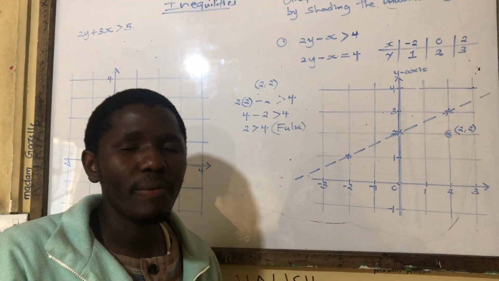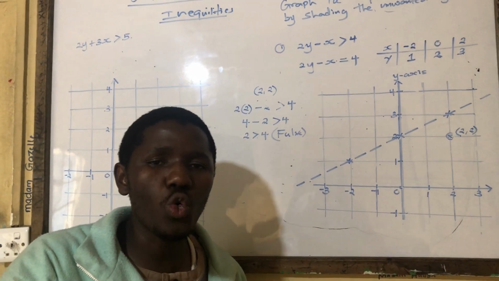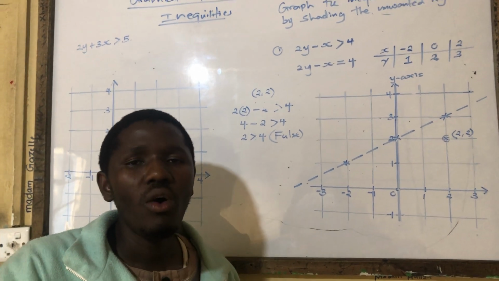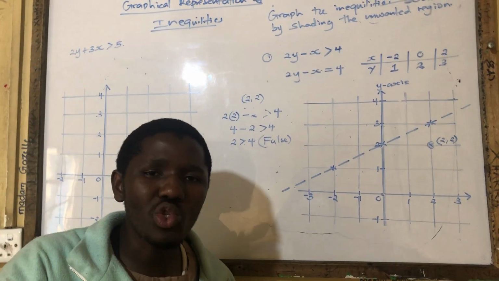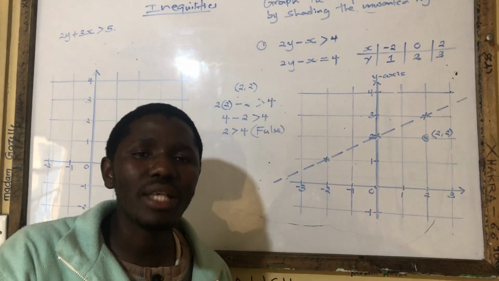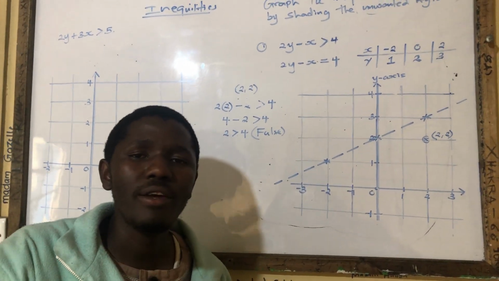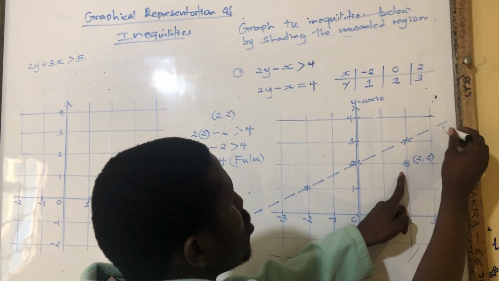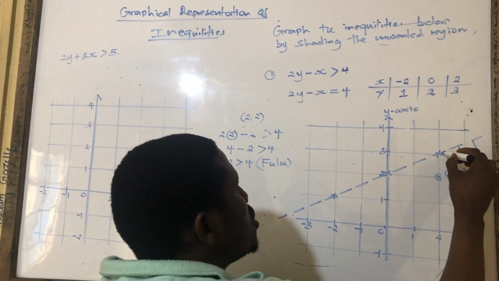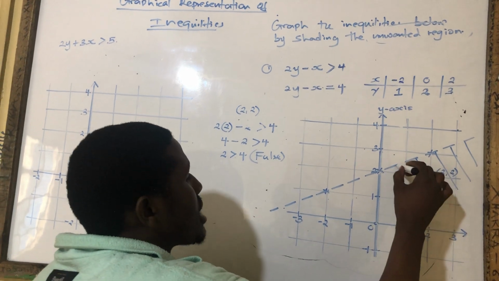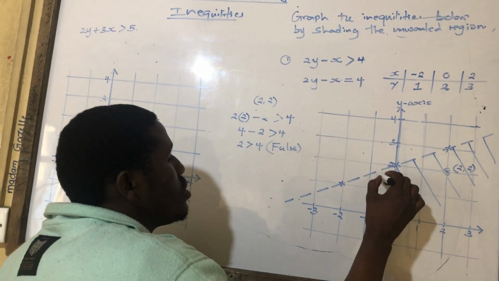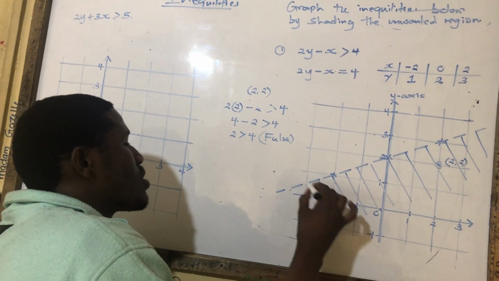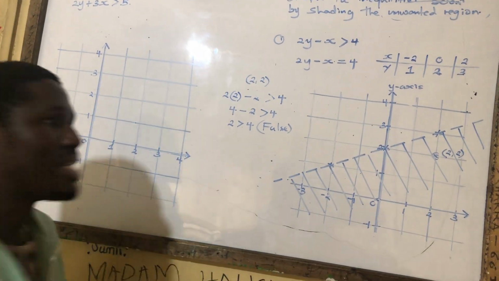It means that the region where 2 is coming from is unwanted, or does not satisfy the inequality. Therefore, the region where 2 is coming from will be shaded because it is unwanted.